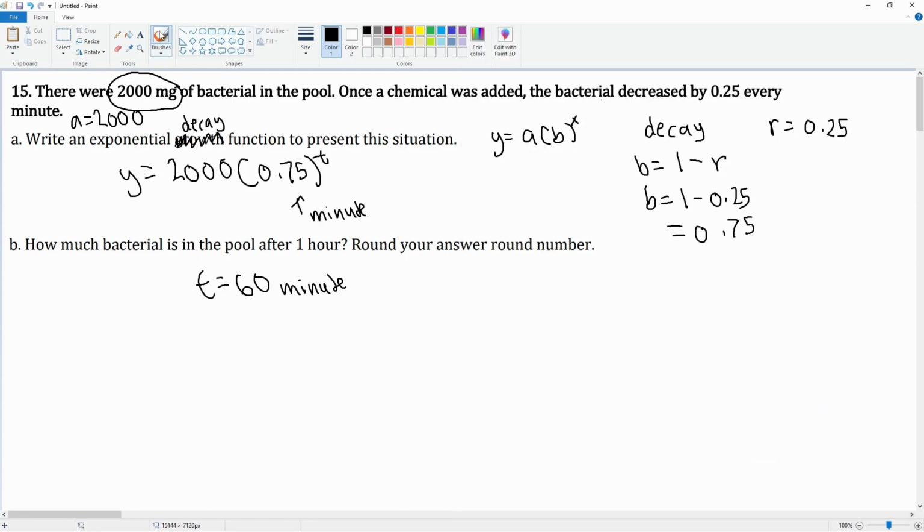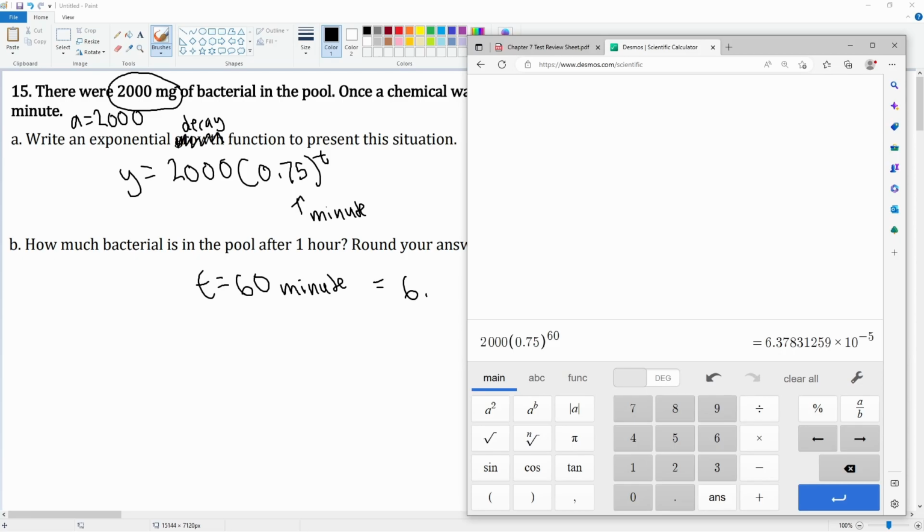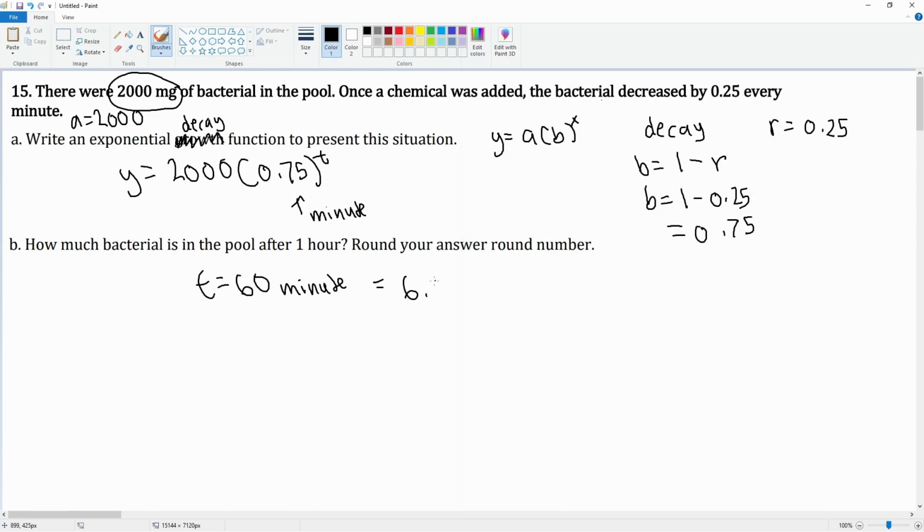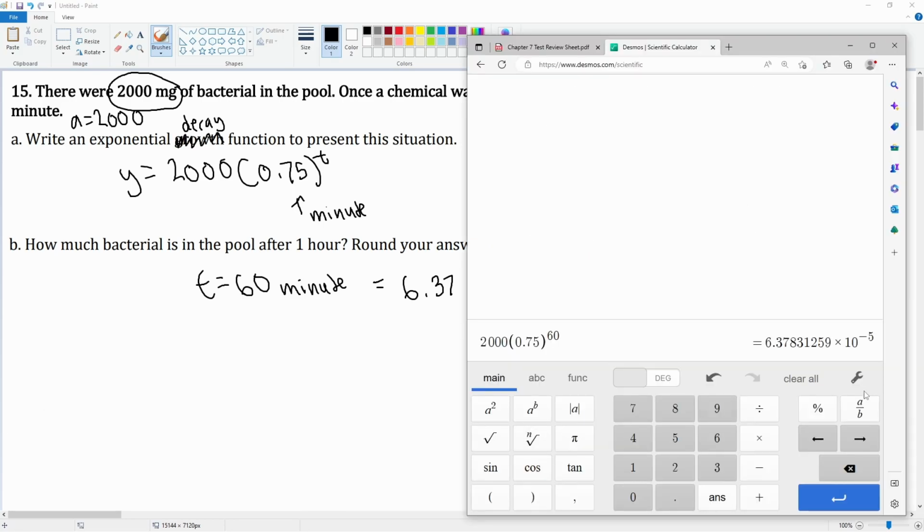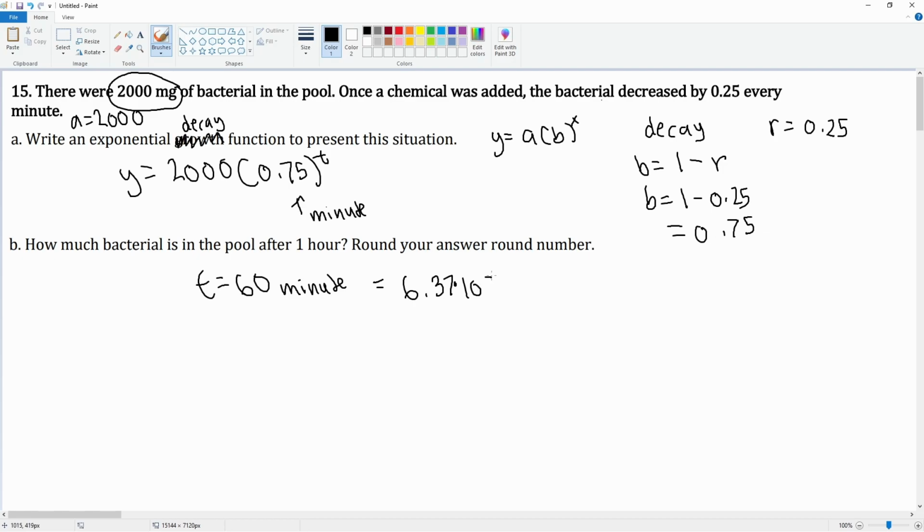So wow. So we can say that is about 6.37. And do you see this? It shows like times 10 to the negative 5, okay? So times 10 to the negative 5 milligrams, all right?